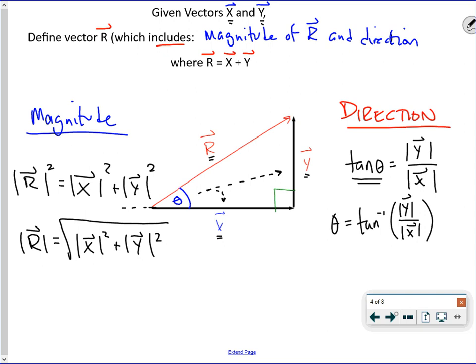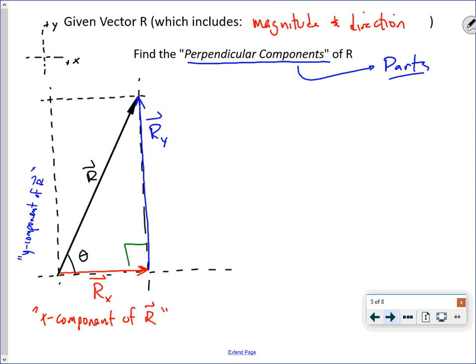Here we know R. The things that we don't know are Ry and Rx, so we can't use tangent because tangent has both of those in it. But if you use sine and or cosine, for example, you could say the cosine of theta is adjacent over hypotenuse.